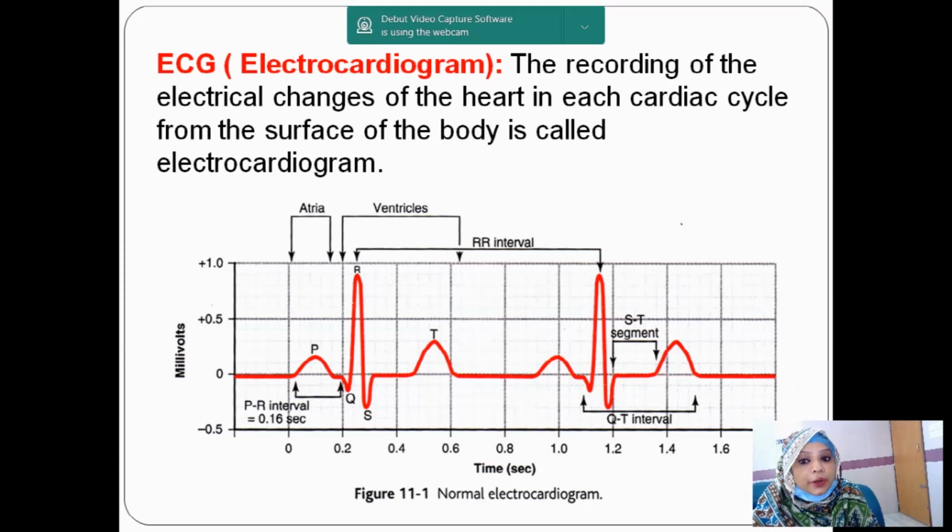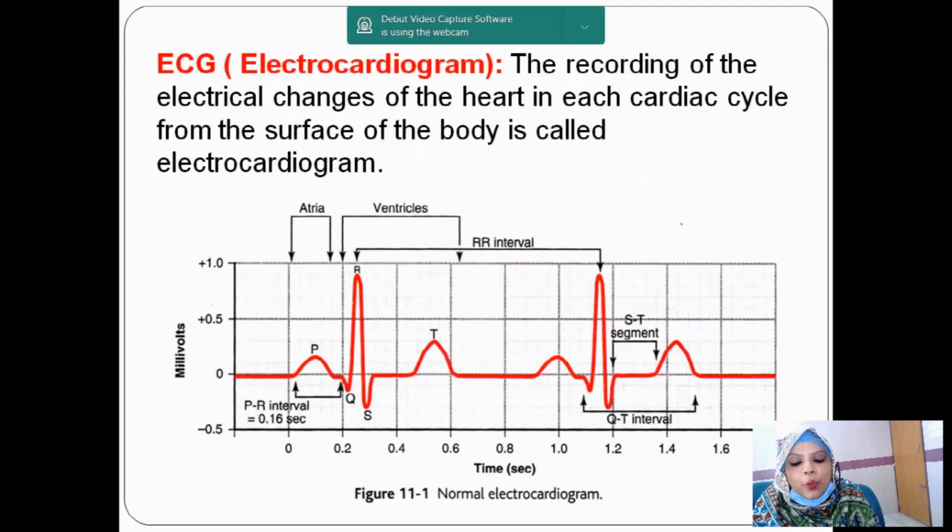The electrical event means ECG, and the mechanical event means atrial systole and diastole, and ventricular systole and diastole.